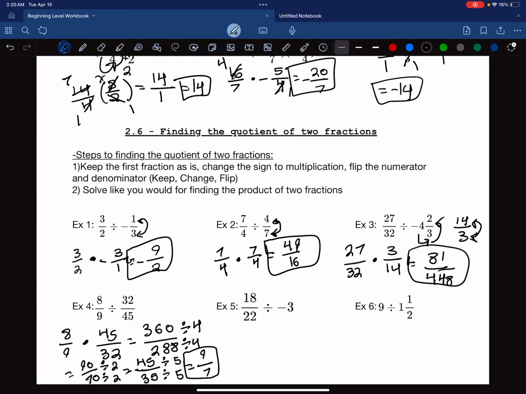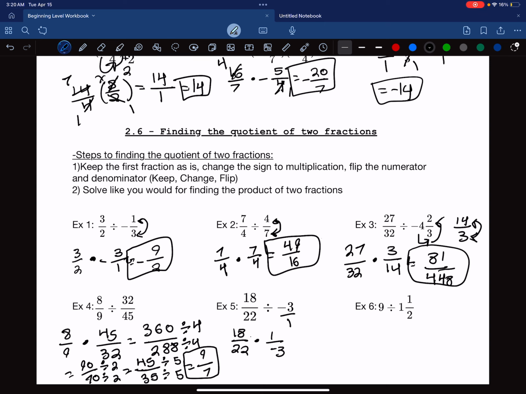Looking at example 5, we have 18 over 22 divided by -3. We can put the -3 over 1. We're going to keep the first fraction, change this sign to multiplication, and flip this, so you're going to have 1 over -3.